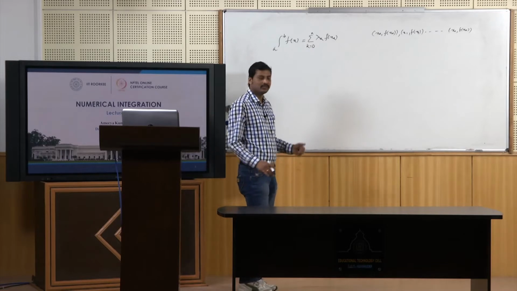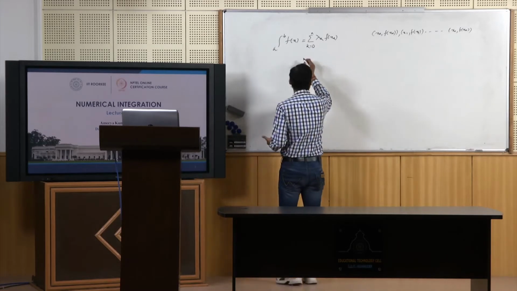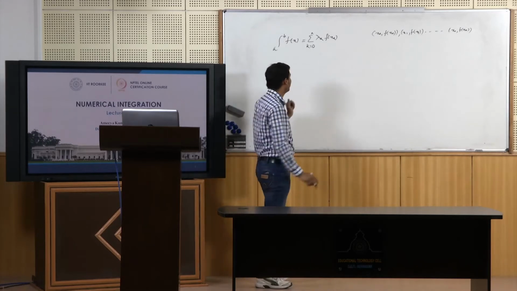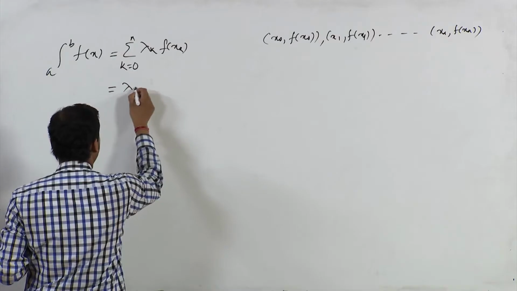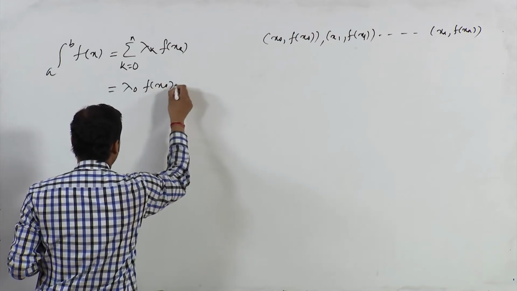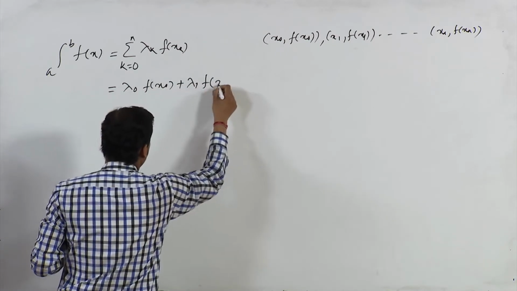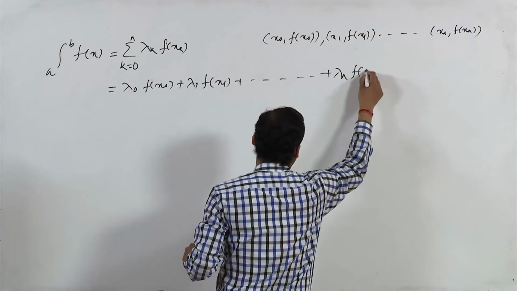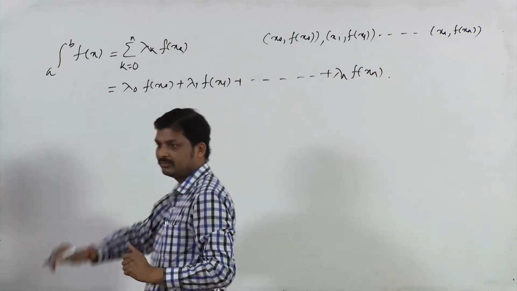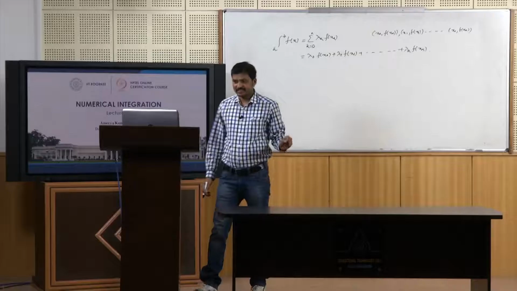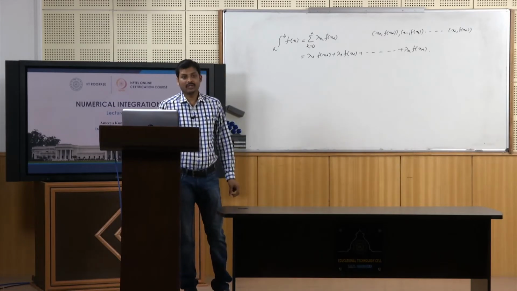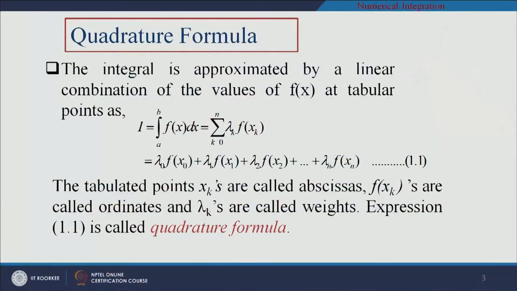If we expand this formula, the linear combination of the functional values at different tabular points, we can write it as lambda 0 f of x0 plus lambda 1 f of x1 plus up to lambda n f of xn. These tabular points xk are called abscissas, f of xk are called ordinates, and lambda k are called weights.